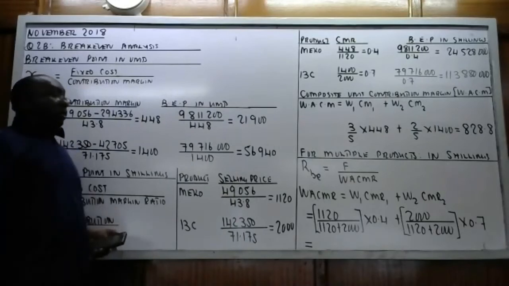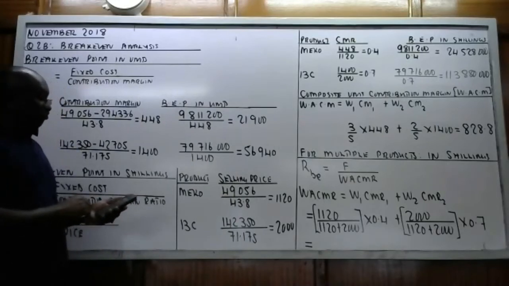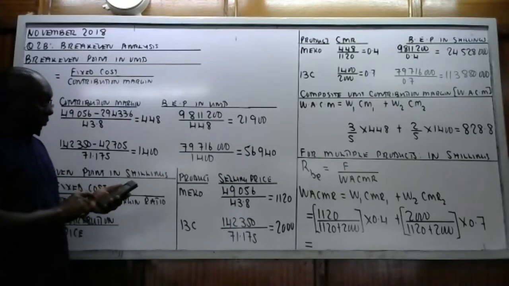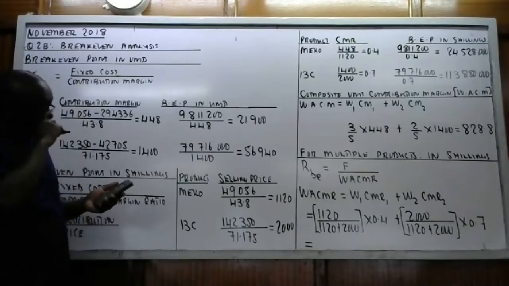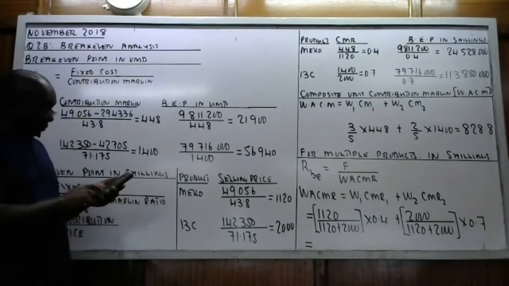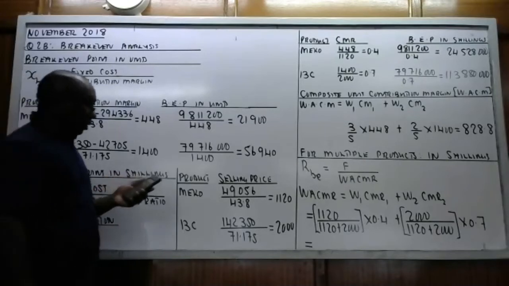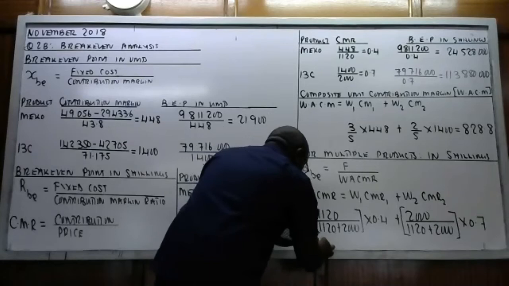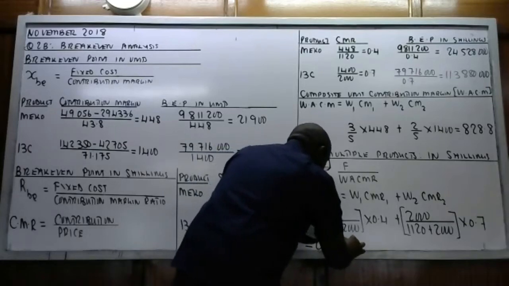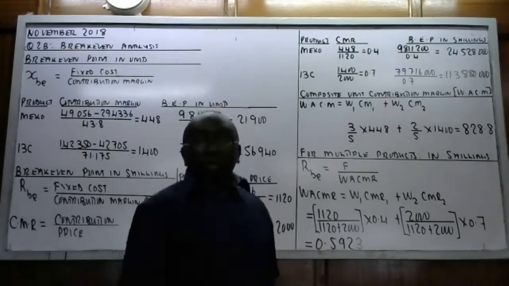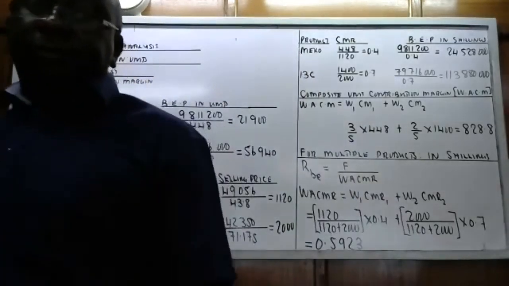So work out that and give me the ratio. Check whether you get 0.5923. Give me your answer.